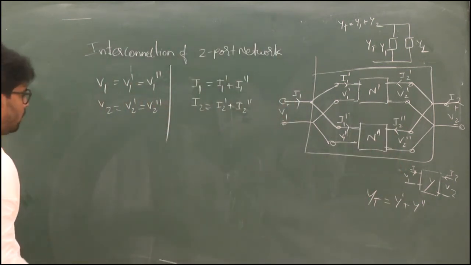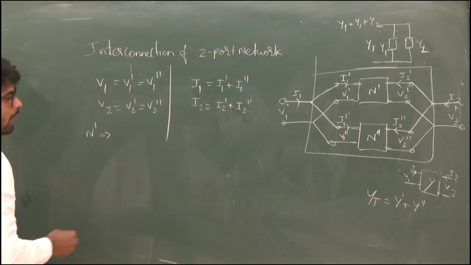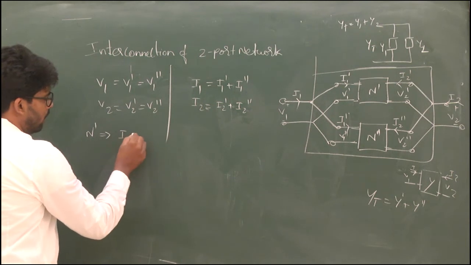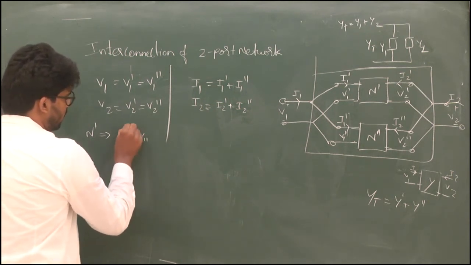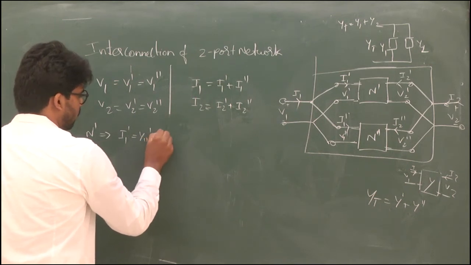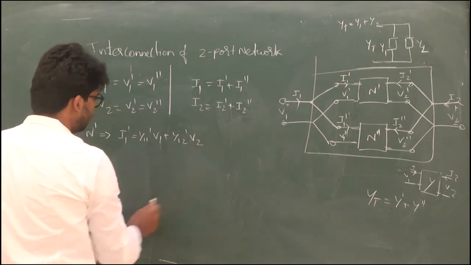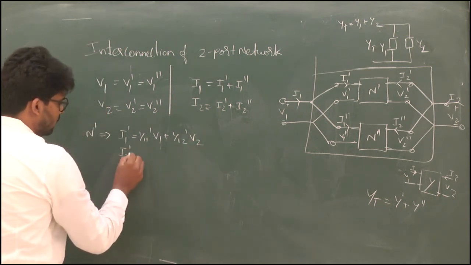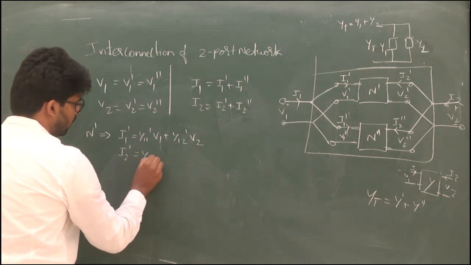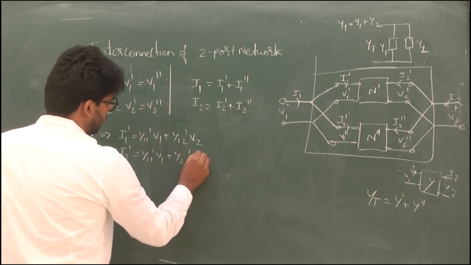We will find how. So for network N1, we have the admittance parameters: I1 dash equals y11 dash V1 plus y12 dash V2, and I2 dash equals y21 dash V1 plus y22 dash V2.